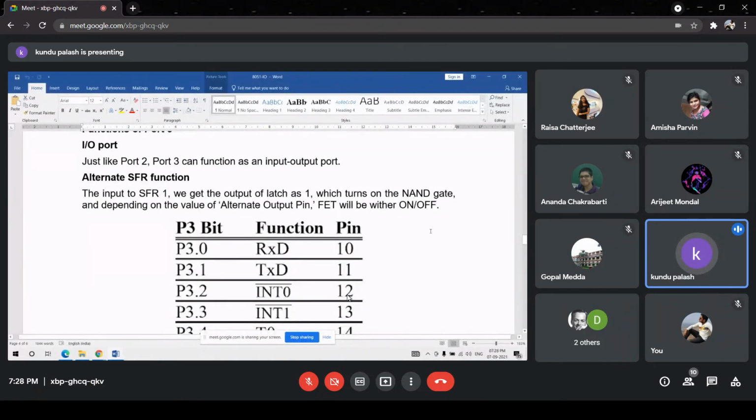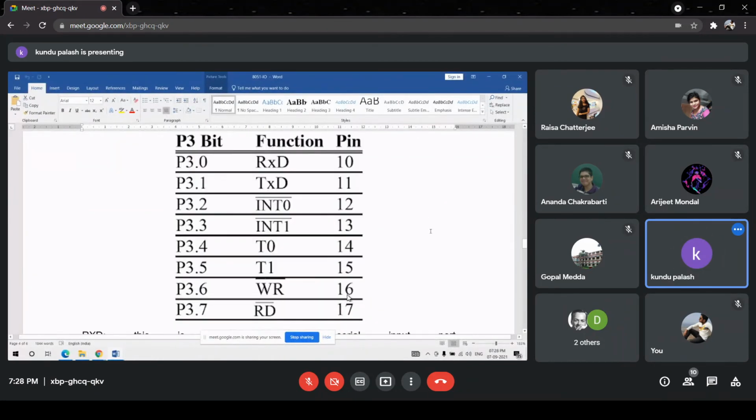Another purpose of port 3 is there. Some of the port lines, particularly in port 3, all 8 lines, have a multifunctional feature.